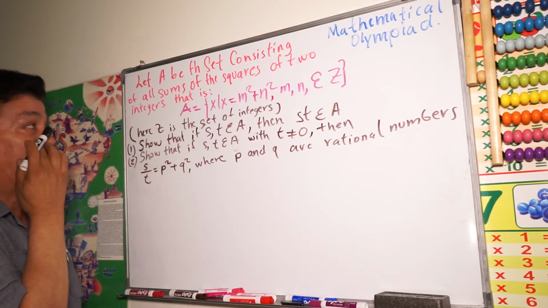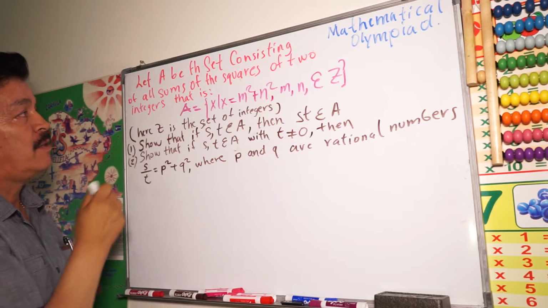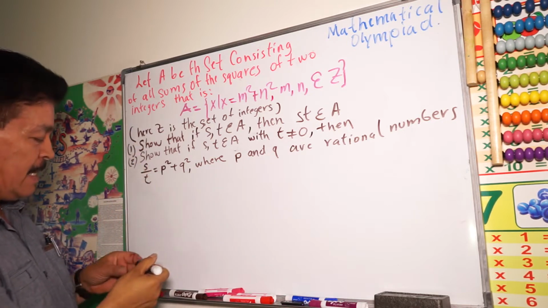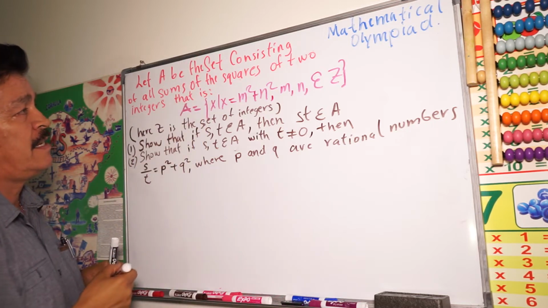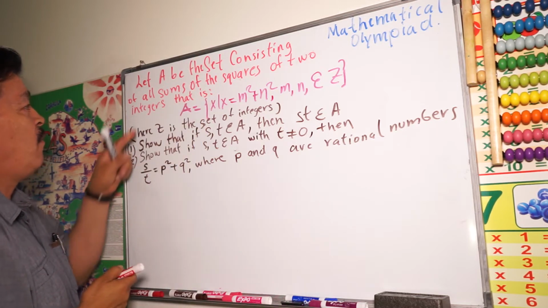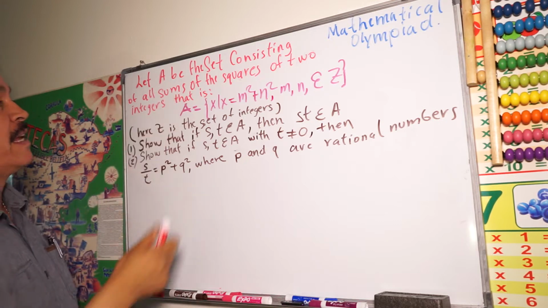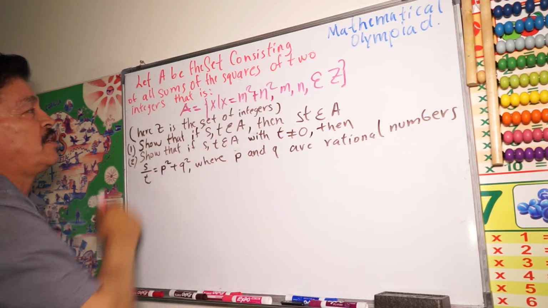The problem is: let A be the set consisting of all sums of the squares of two integers.